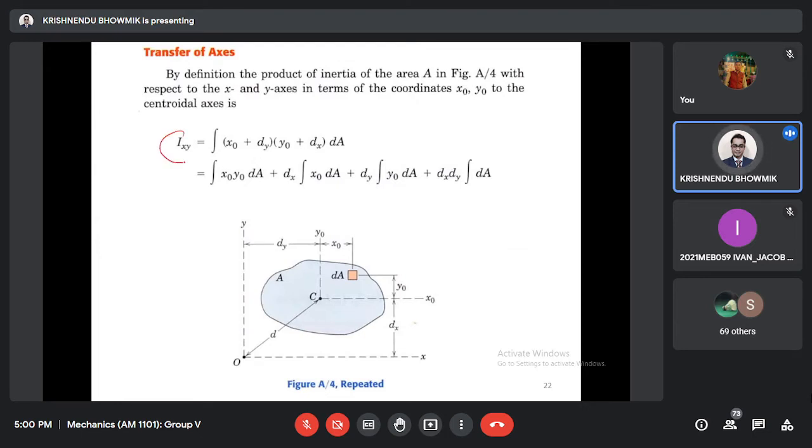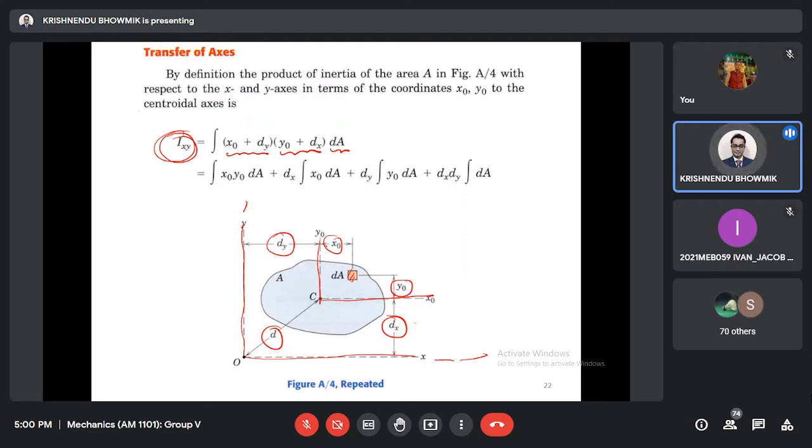So IXY. This is the centroidal axis and this is the other one. We want to transfer using the parallel axis theorem. This is dx, this is dy, this is d. This is y0, this is x0, this is dA. Now with respect to this coordinate, IXY is x multiplied by y multiplied by dA.